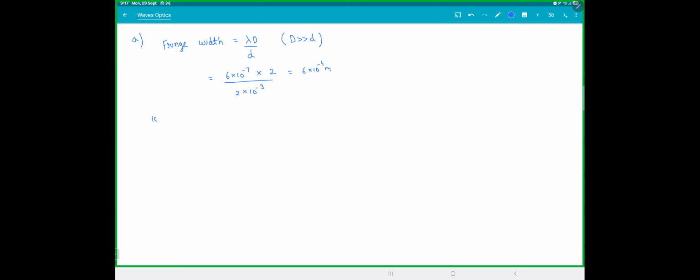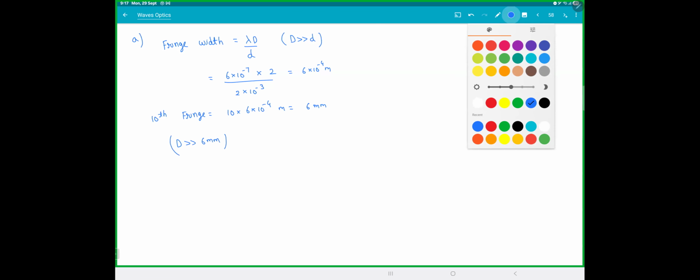So for the 10th fringe, it will be 10 into 6 into 10 power minus 4 meters or 6 mm. And you can clearly see D is much greater than 6 mm. So yeah, my approximation is right.